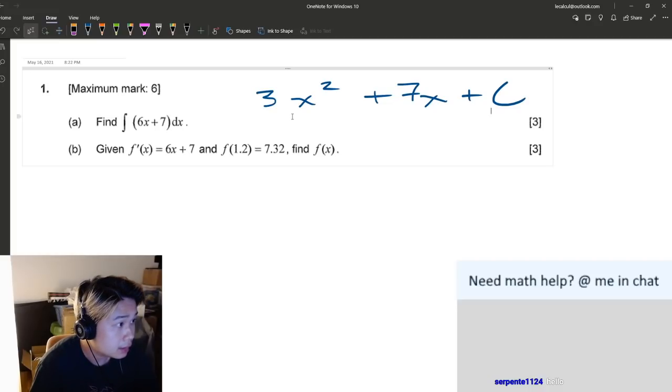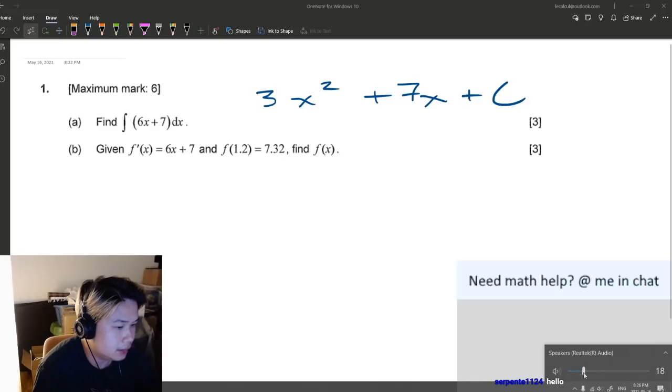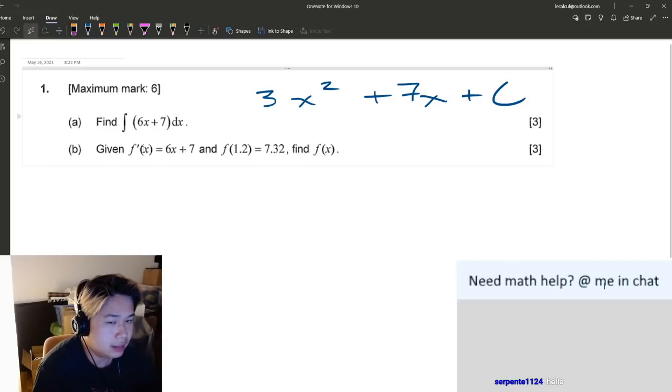And then, given that the derivative of a function is 6x plus 7, find the value of the function, given that the function at the value of 1.2 is 7.32. Then we need to find the actual function itself. Okay, easy enough to do. We essentially already found the function, we just need to find the constant.